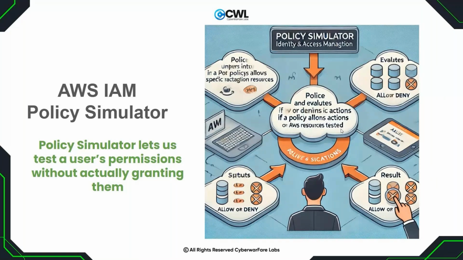It considers explicit allow, permissions that are specifically granted, or explicit deny, permissions that are explicitly denied, which overrides any allows. When testing with the policy simulator, you can specify the actions and resources you want to test, and see if the simulated user, group, or role can successfully perform those actions.